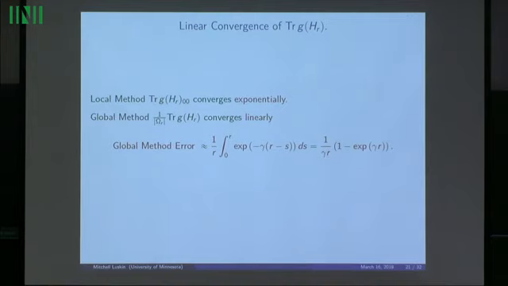In a lattice, the local density of states is the same as the density of states, because every point is the same. So we just showed that in the case of a lattice, forgetting this trace thing, we have an approximation: the local method converges exponentially to the trace of the full lattice.